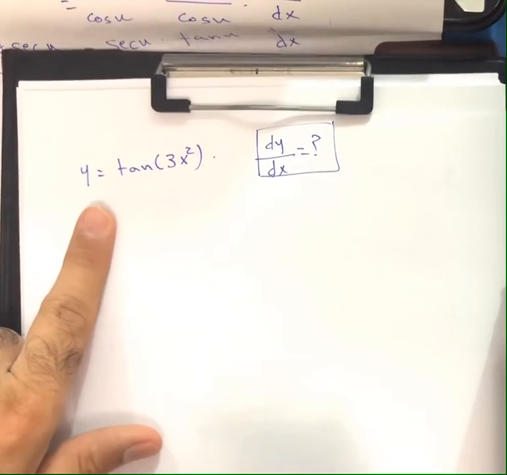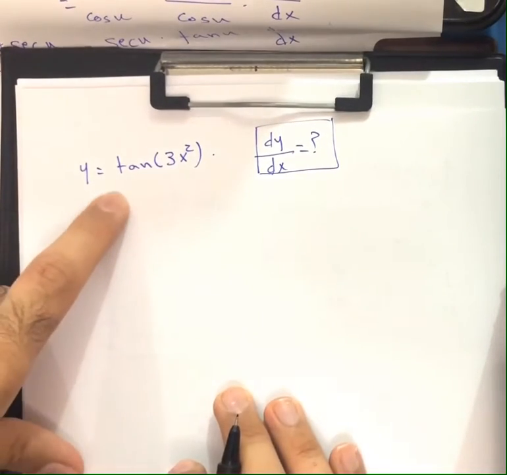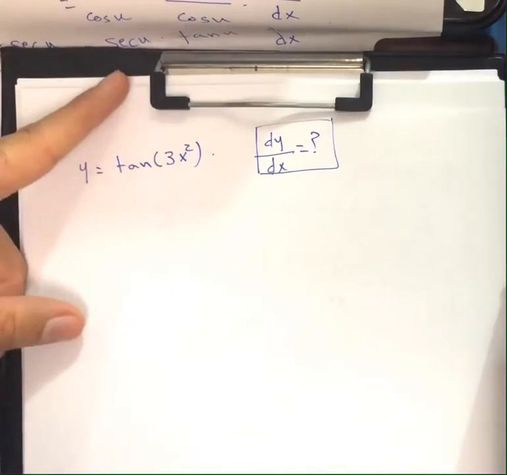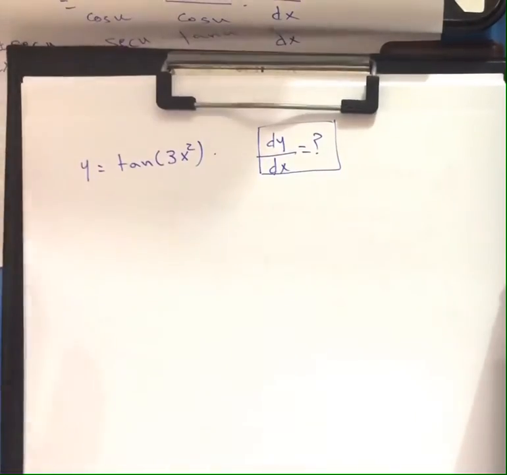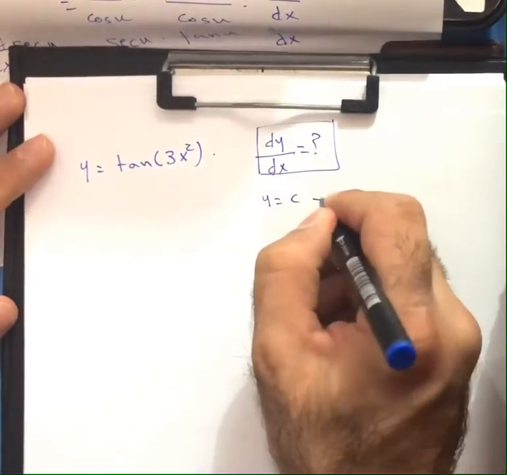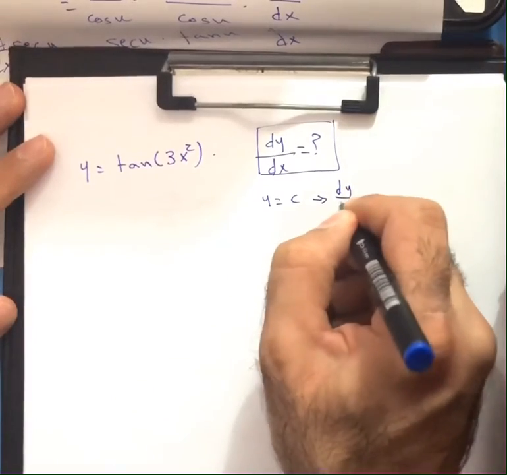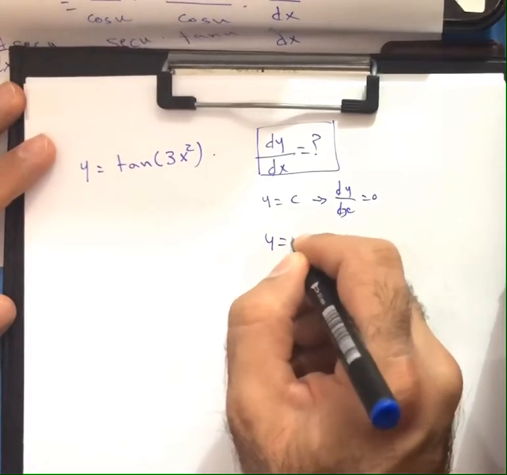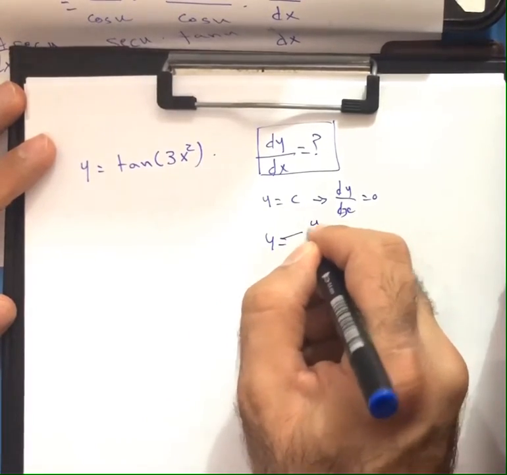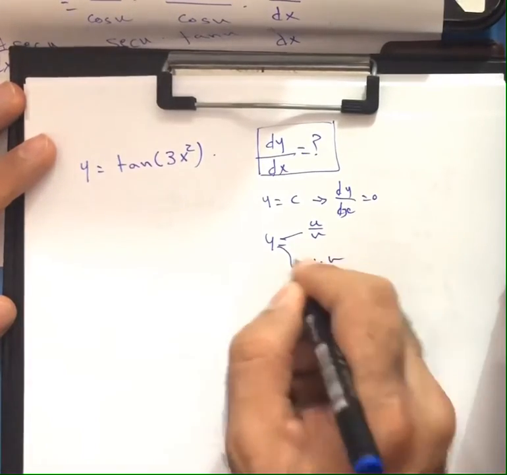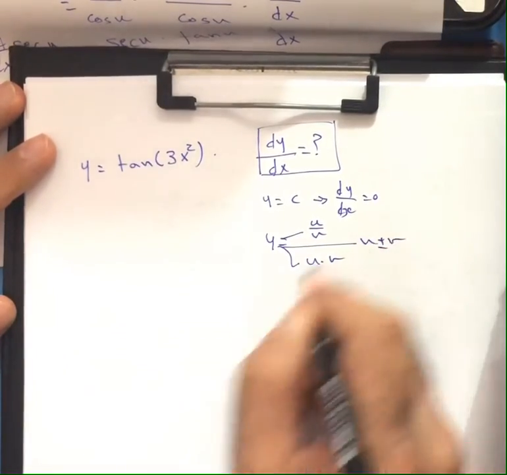Actually, in the subject of function, when we see any function, it is very important to keep in our mind that this function may be a constant, then the derivative of constant will be 0. This function may be actually u divided by v, which is function divided by function, or u multiplied by v, or u plus minus v.